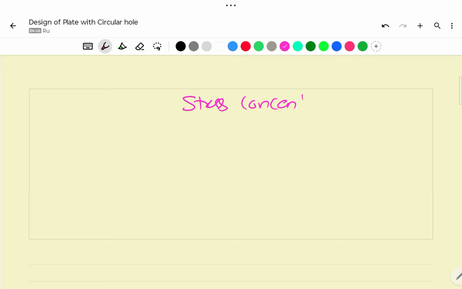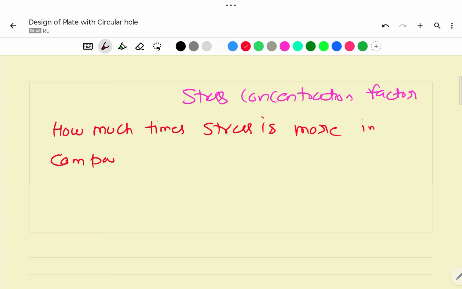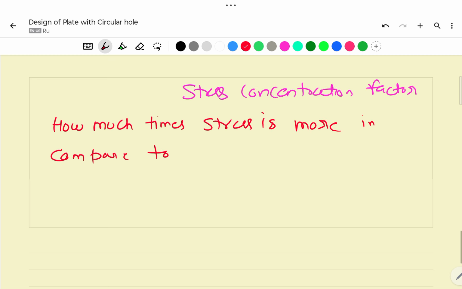So what is the stress concentration factor? It is how many times the stress is higher compared to the other region.